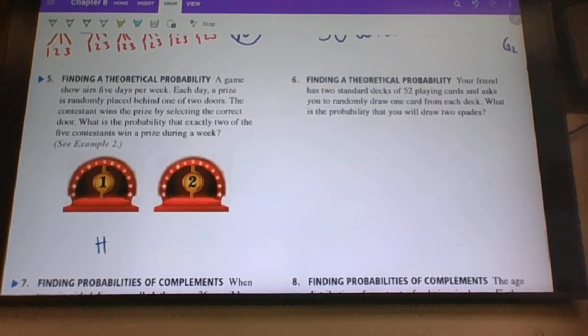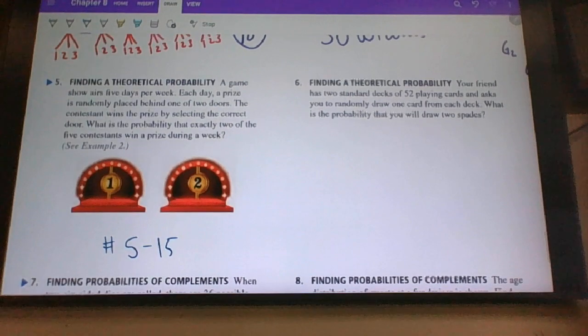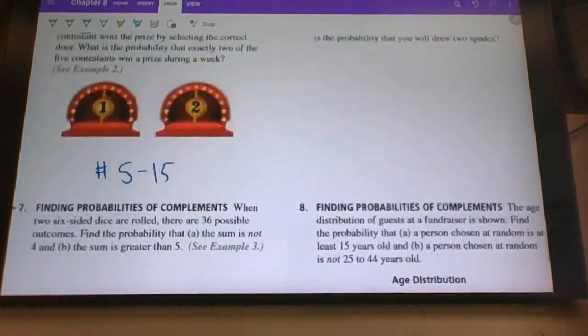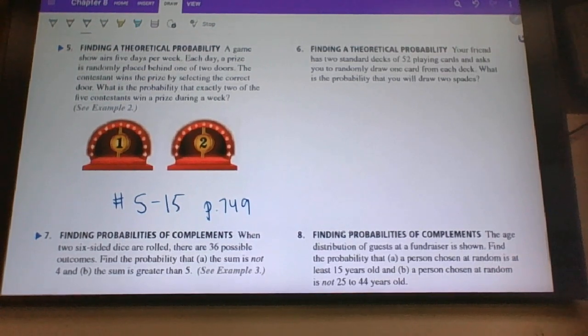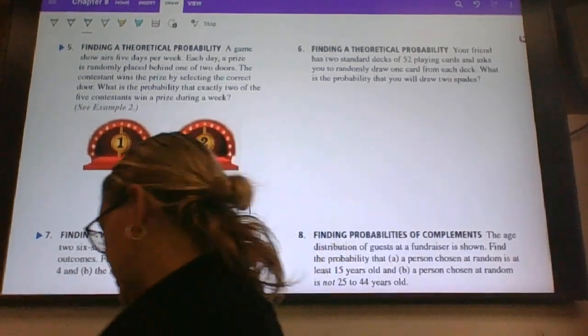So it's number 5 through 15, page 749. And number 5 is probably going to take a minute, that's for sure.